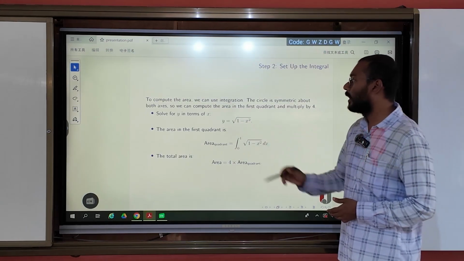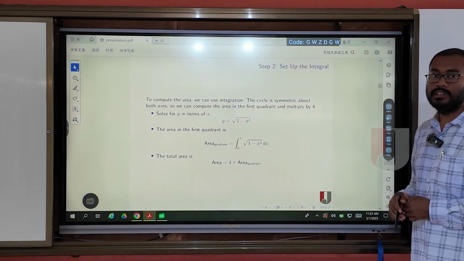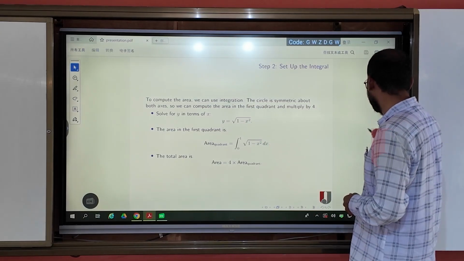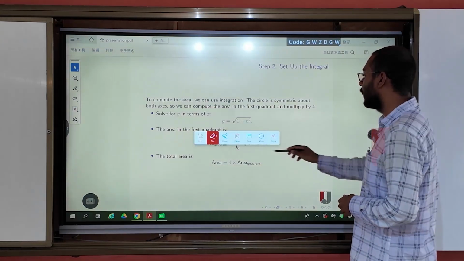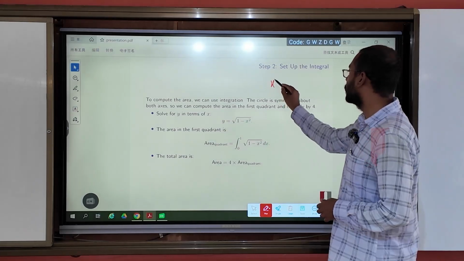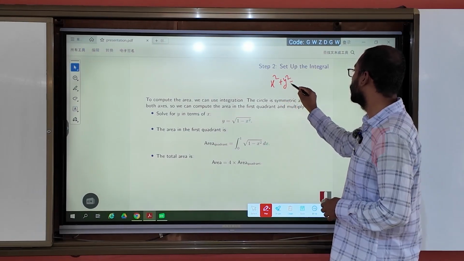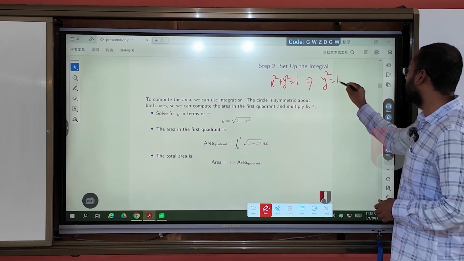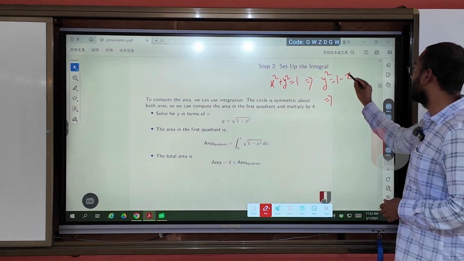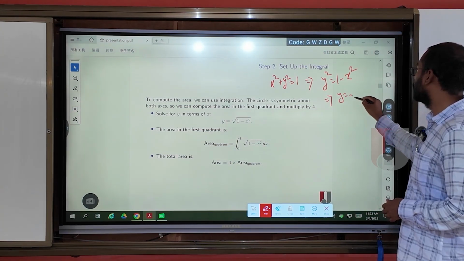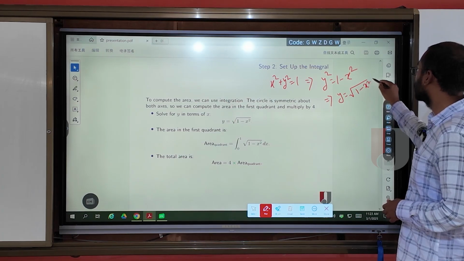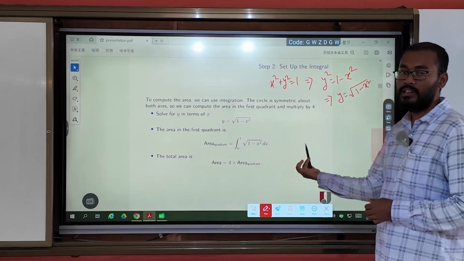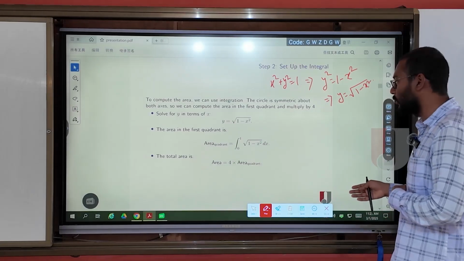So that is my area. Since x square plus y square equal to 1, I can write that y square equal to 1 minus x square, which implies that y is equal to root over of 1 minus x square. We are assuming only the positive sign, because we are considering only the upper wing, not the lower wing.